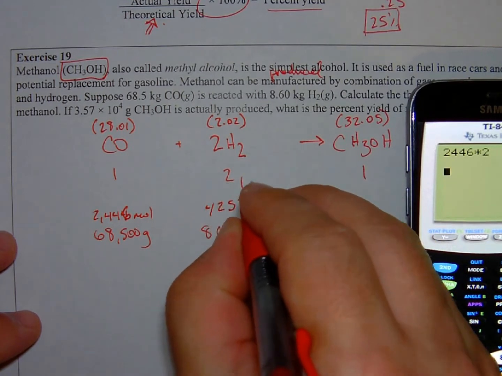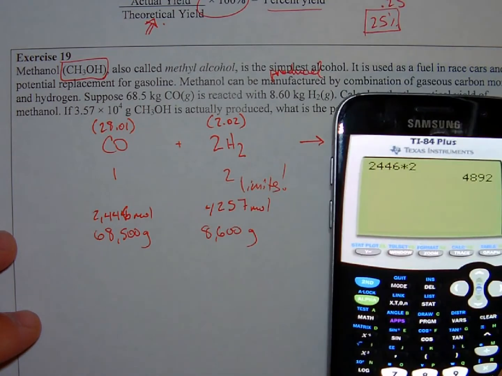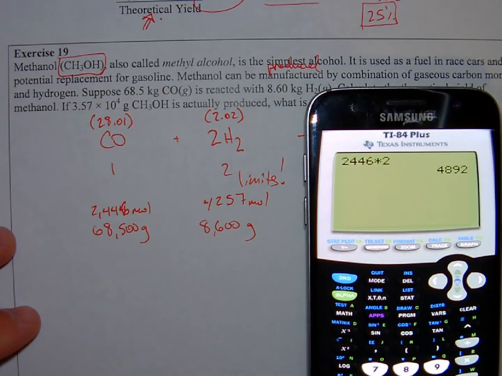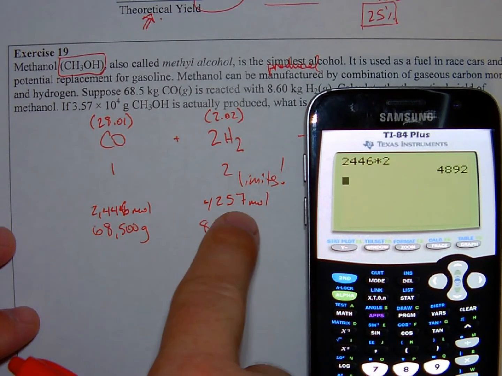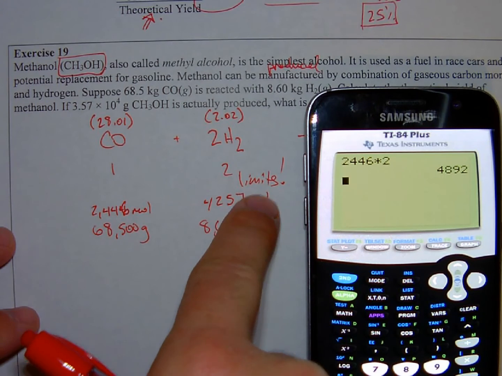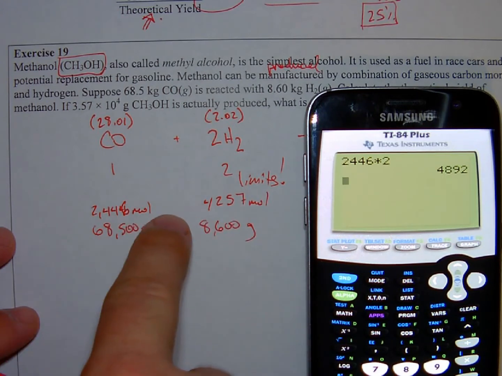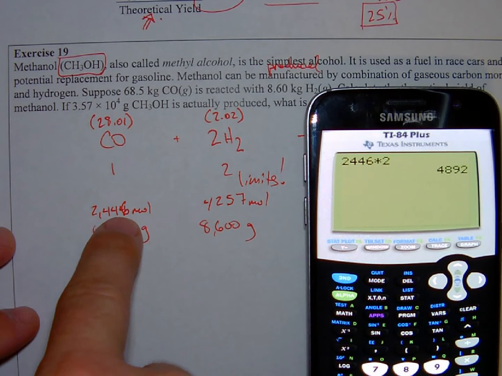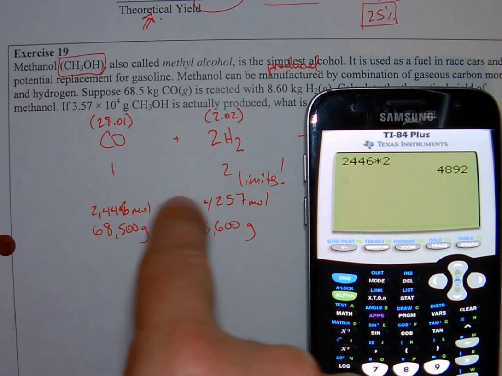So this is going to react all the way. If this does react all the way, again, we're playing the what if game, how much carbon monoxide will I need to react with this much? I'm going to need half as much.